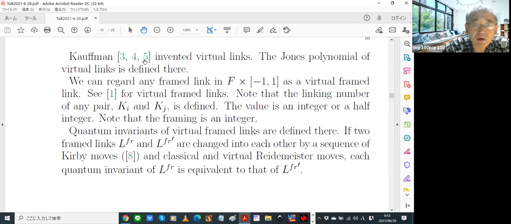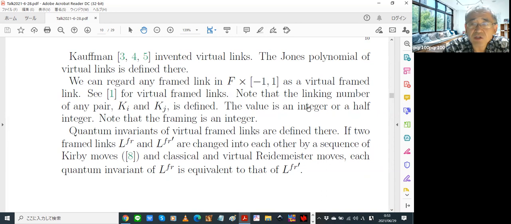Next topic. Kauffman invented virtual links. The Jones polynomial of virtual links is defined. We can regard any framed link in a thickened surface as a virtual framed link. Note that the linking number of any pair is defined.